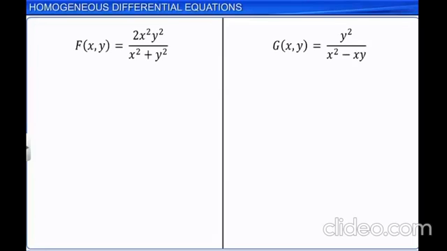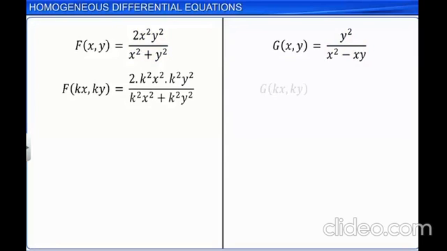We often come across functions as shown here. There's an interesting property of such type of functions. Let's pass these functions through a test to know the property. Substitute kx in place of x and ky in place of y. Here, k is a constant.